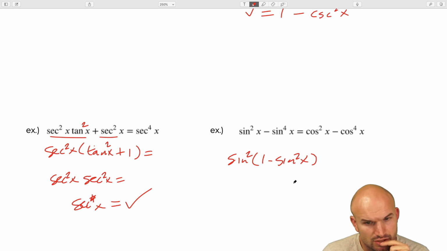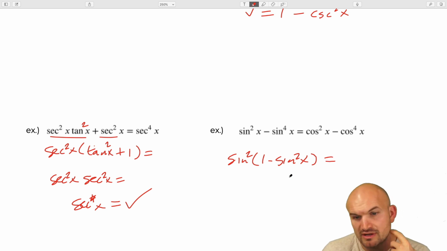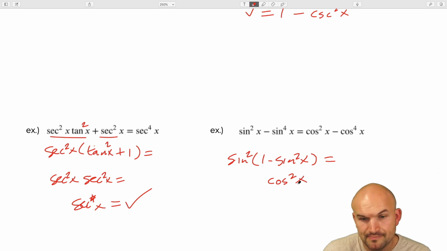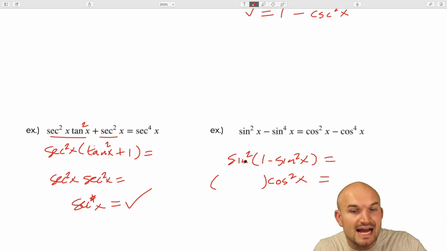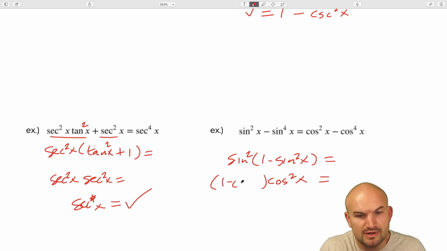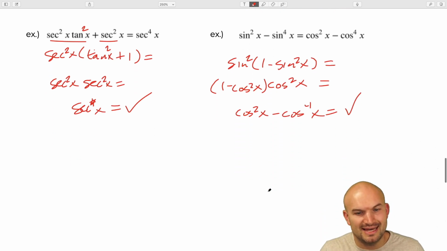And 1 minus sine squared of x is equal to cosine squared. Then sine squared is equal to 1 minus cosine squared. Now I can apply the distributive property, so that becomes cosine squared of x minus cosine to the fourth of x. And you can see, voila, that has been verified.